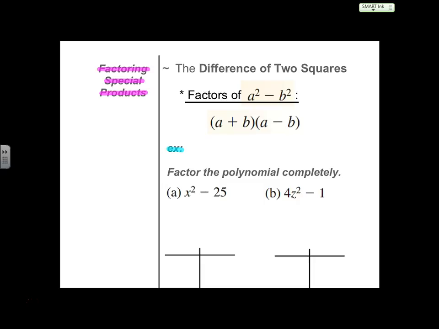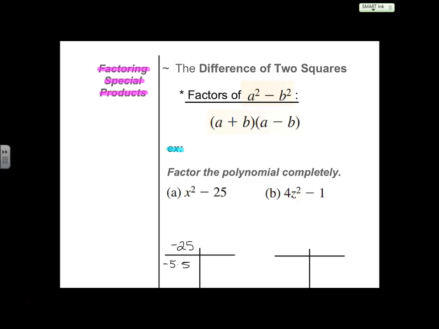Now hang in there. There's no a in front, we still put the last term and think about factors of negative 25. But since the middle term is missing, we actually already kind of know to use negative 5 and positive 5.